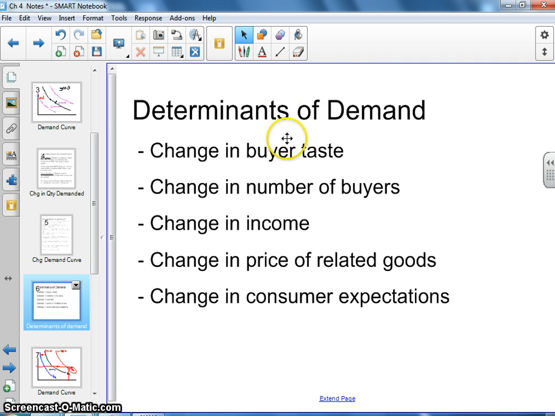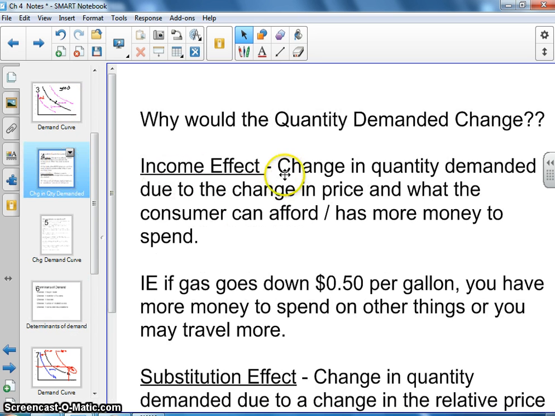We look at another example, change in income. Again, not just one particular person. If we talked about change in demand, income effect, one individual maybe getting a 50 cent or $1 an hour raise, or a slight change in the price per gallon of gasoline, that'll push a little bit. It's not going to change the whole curve.